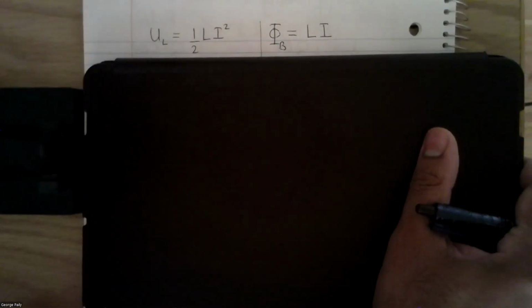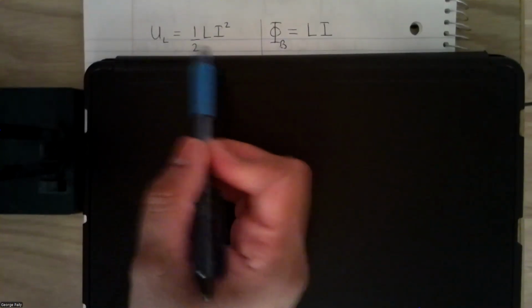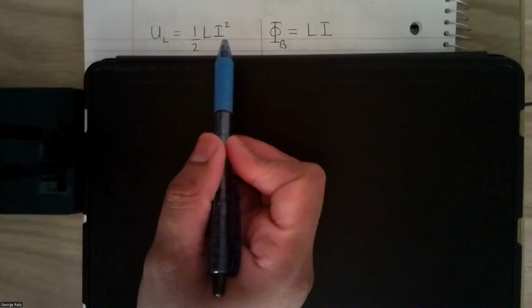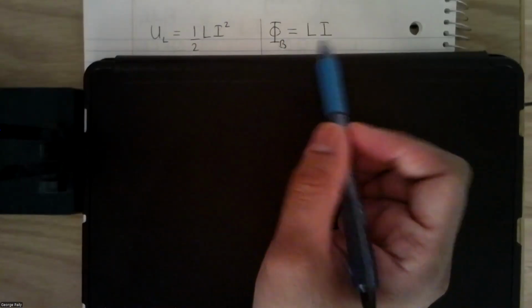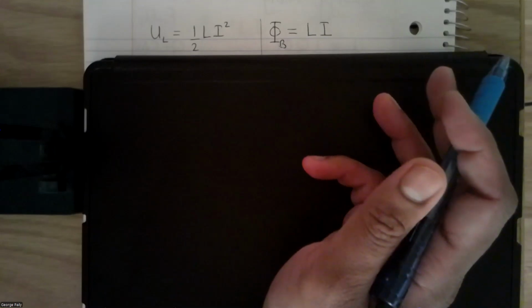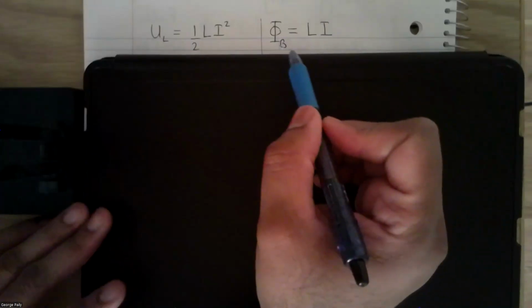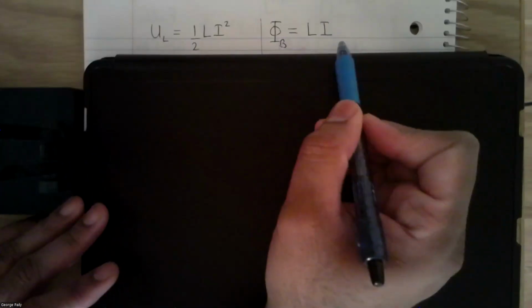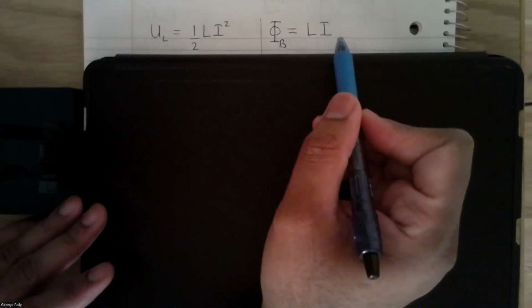What about magnetic fields? Well, similarly, we start with the energy stored in an inductor, which is U_L, which is 1/2 L i squared. And just as we had Q equals CΔV, for an inductor, we have Φ_B, the magnetic flux, is equal to L times I, where L is the inductance and I is the current running through the inductor.